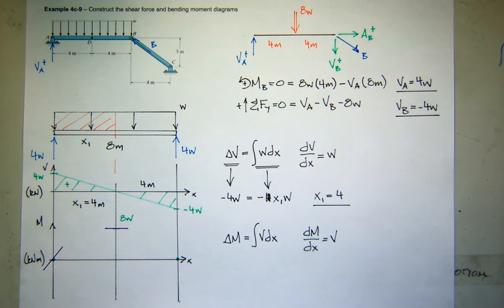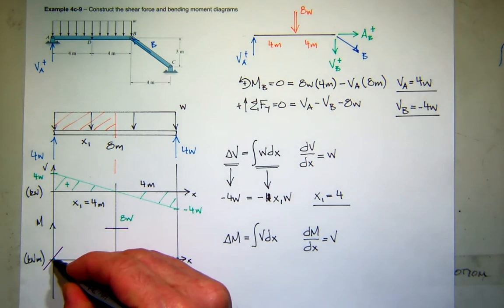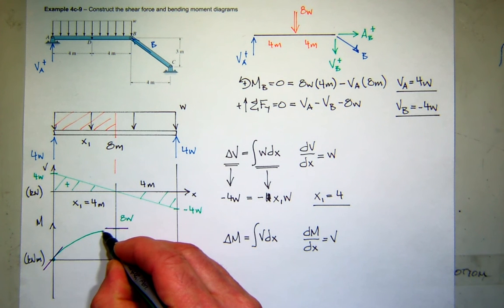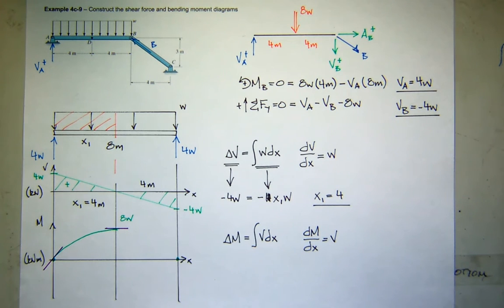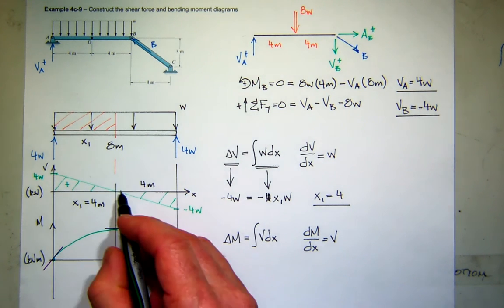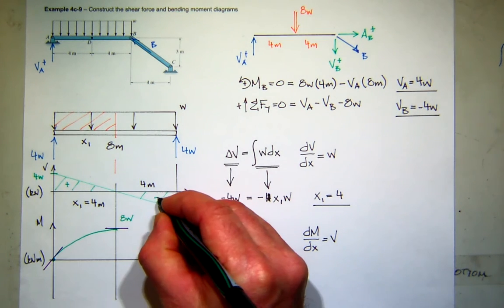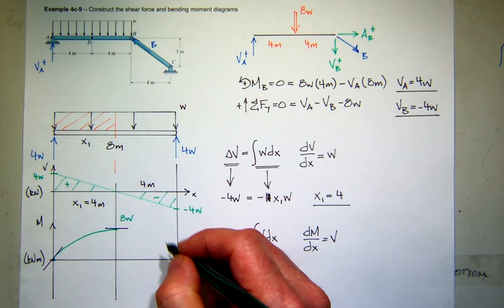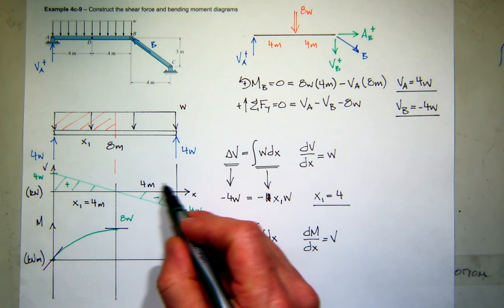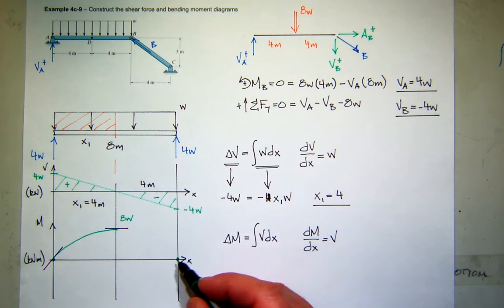So that helps me kind of qualitatively know that my quadratic curve has that kind of shape. And now when I go from 4 meters to 8 meters, the change in moment here is given by this area under the curve. And you can see it's the same value, except this area is negative. So if I have 8W and I subtract 8W, I do get to 0.